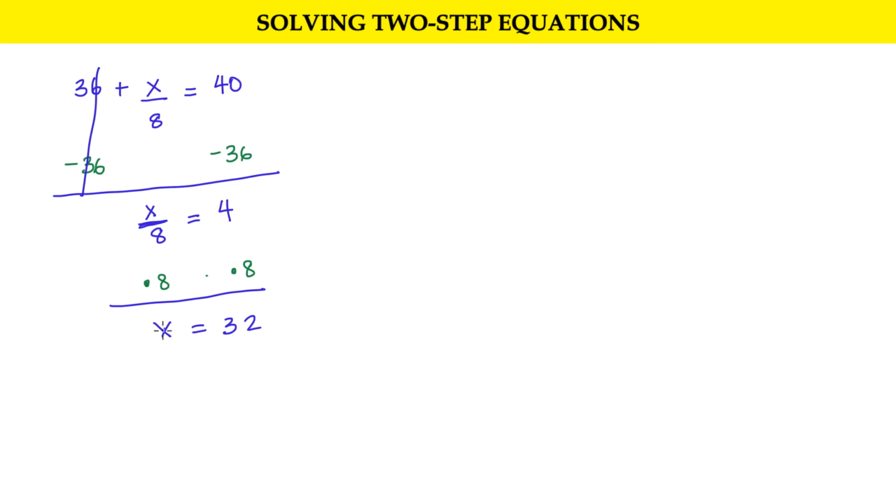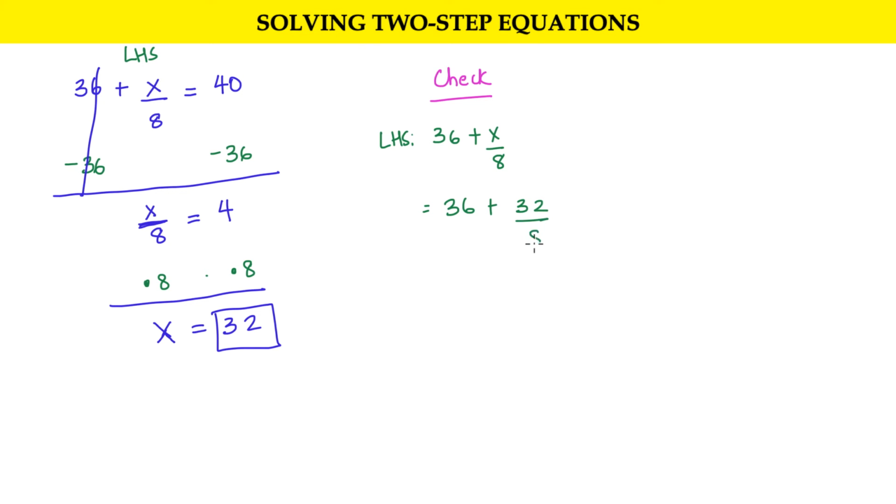Now let's do a check and see if it's correct. The left-hand side is 36 plus x over 8, and that's equal to 36 plus 32 over 8.